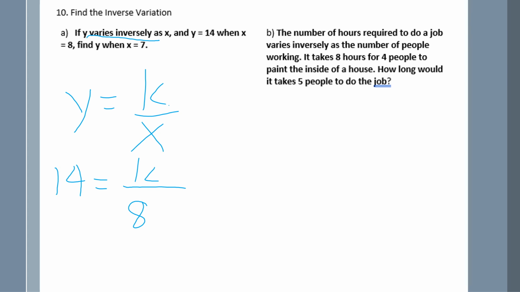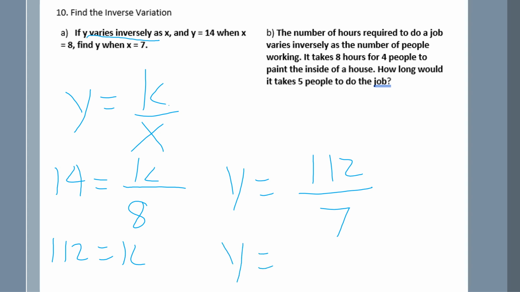I'm back. So 14 times 8 is 112. 112 equals k. And it said that we got to find y when x is 7. So that means that y equals 112 over 7, which gives me y equals 16.